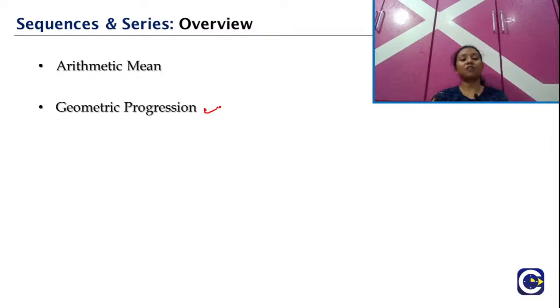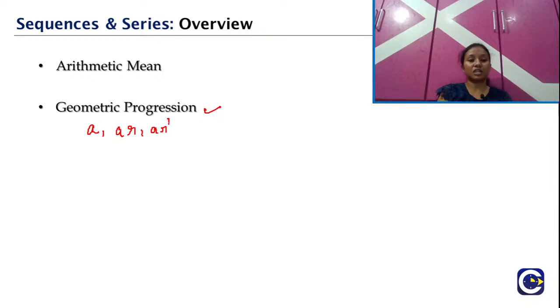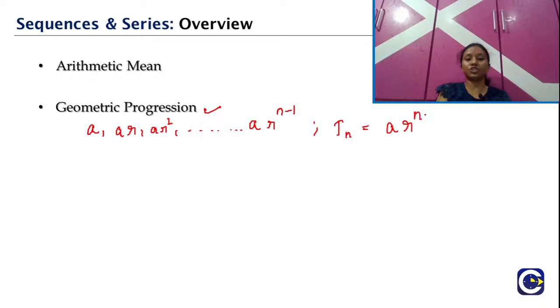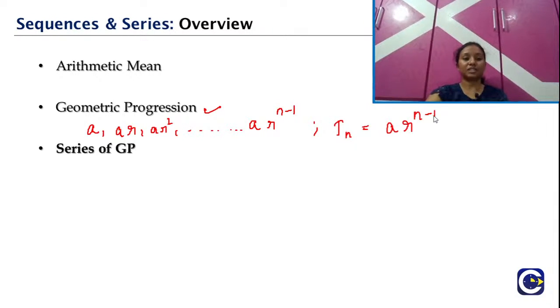We also saw the general representation of a geometric progression, which is a, ar, ar square, and so on until ar power n minus 1. This is our general standard form, where the general term Tn is given by a times r power n minus 1. All this we discussed in our previous session of sequences and series.